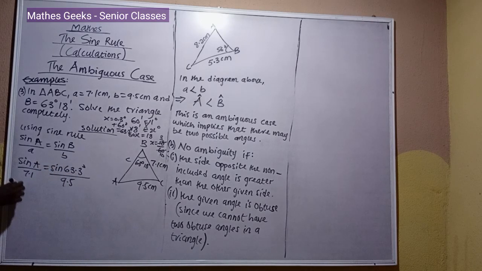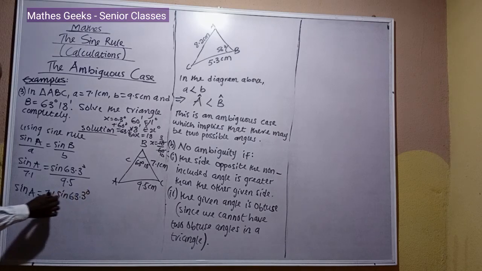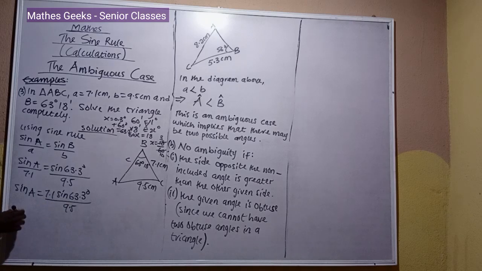So sine A over 7.1 is equal to sine 63.3 degrees over b, which is 9.5. So sine A is equal to 7.1 sine 63.3 degrees over 9.5. That is 6.3430 divided by 9.5, 0.6677.